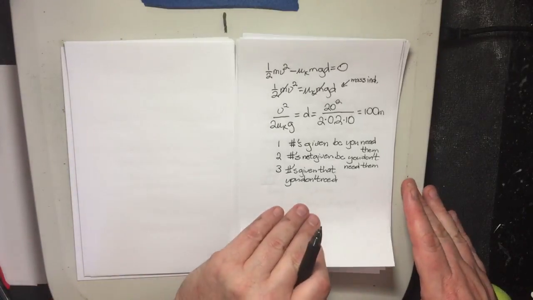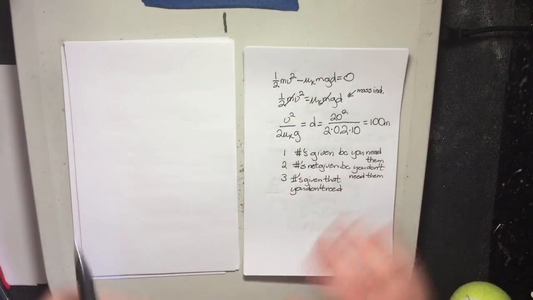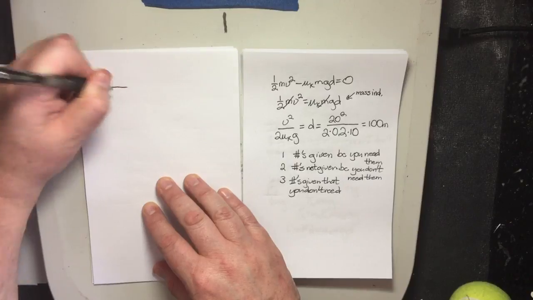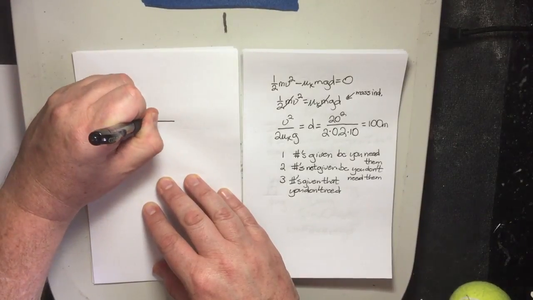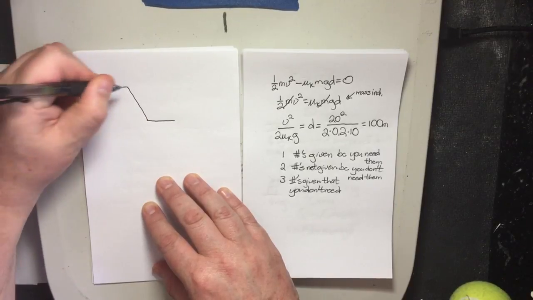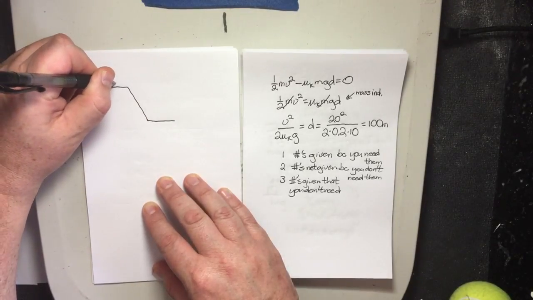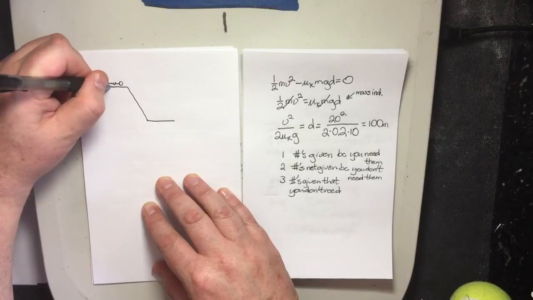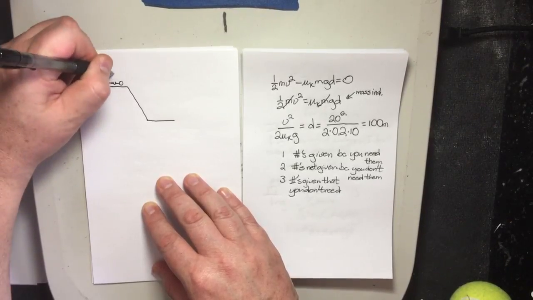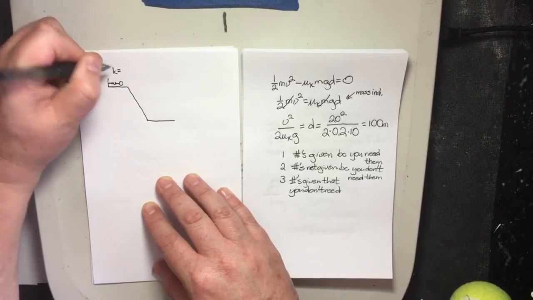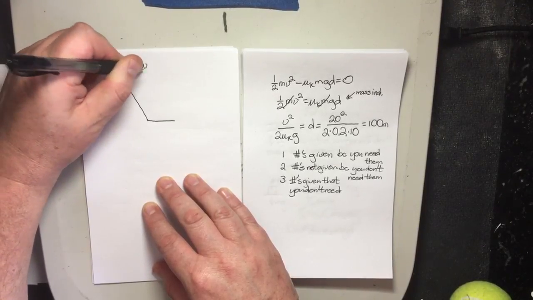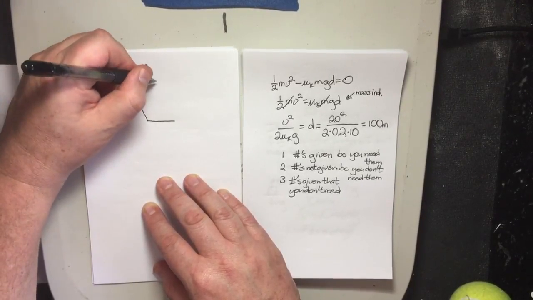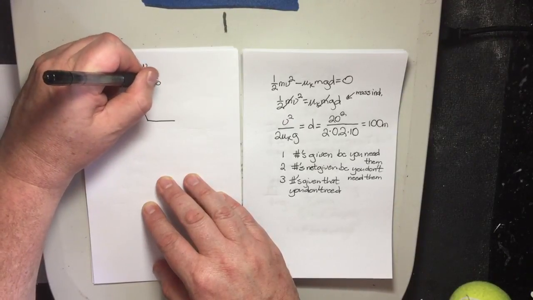All right, next. Right here, we have a spring, and the spring has a constant of 200 newtons per meter. The mass of the object is 8 kilograms.